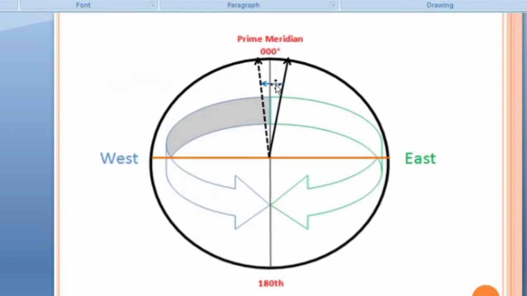Then we have the difference of longitude, which is 7 degrees and 45 minutes westerly.